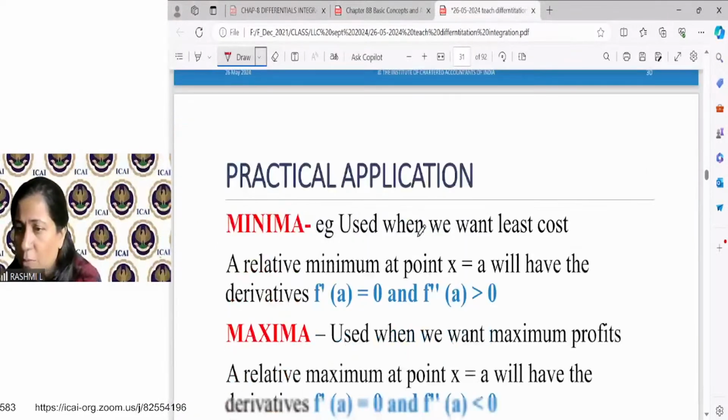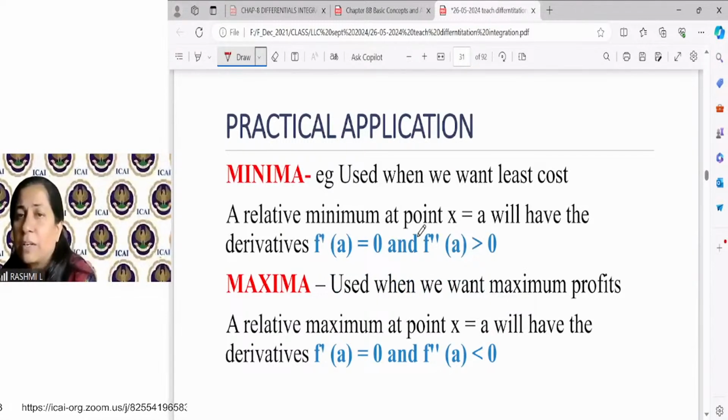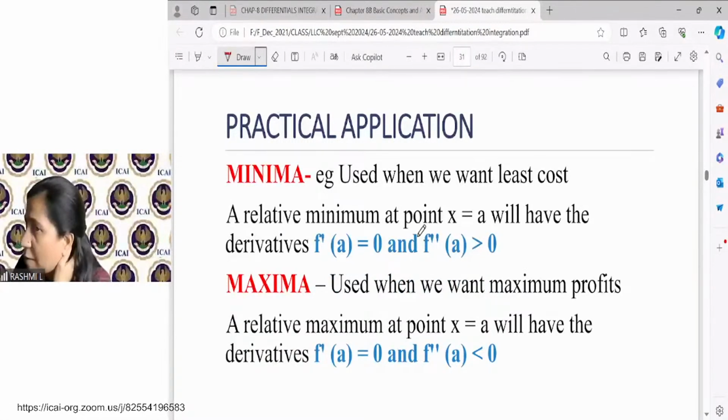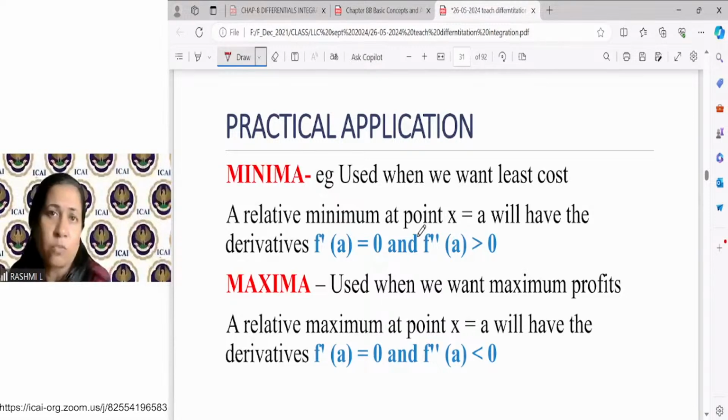Okay. Let us move to the practical applications. Practical application is this: derivatives, differentiation is used to find the maxima and minima. Why would I want to find the minima? If I'm a manufacturing unit, what would I like to reduce? I would like to reduce the cost, right?